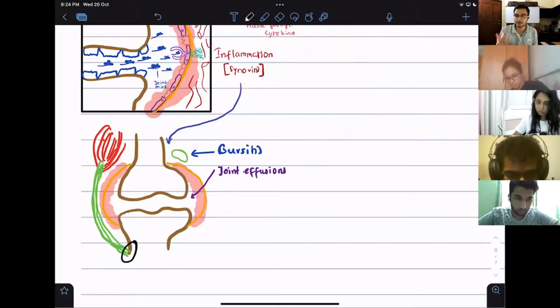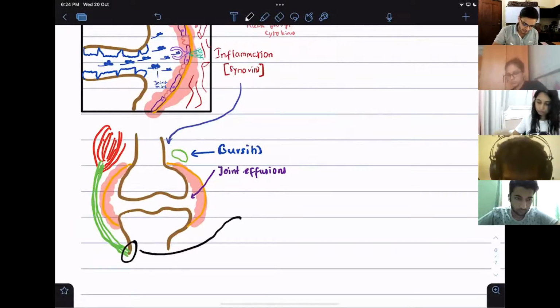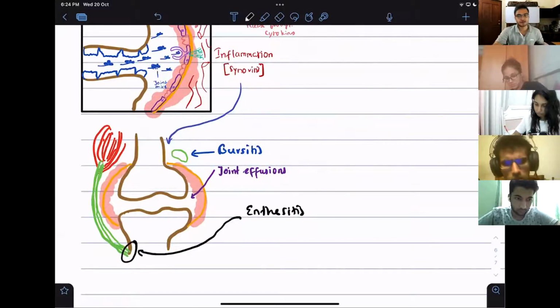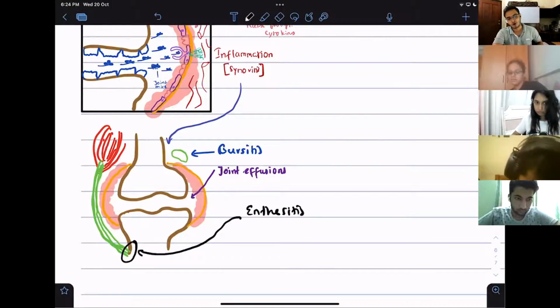That inflammation can spread there also. What is that called? Enthesitis. Have you all heard? Bursitis, enthesitis, joint effusions, all of these can happen.